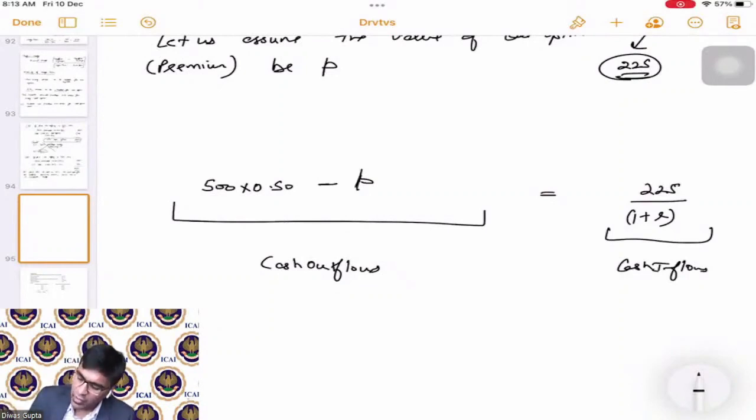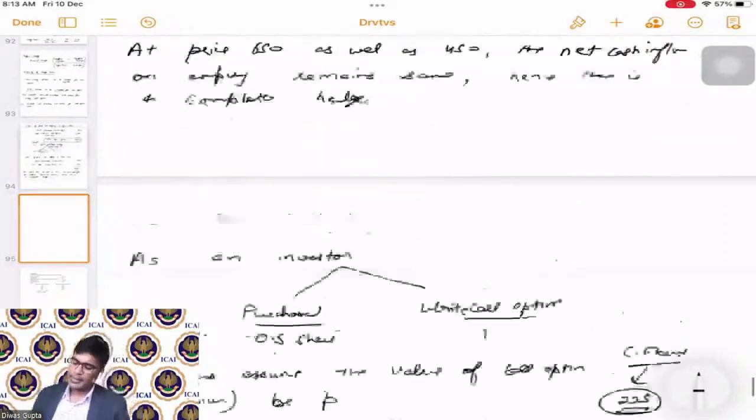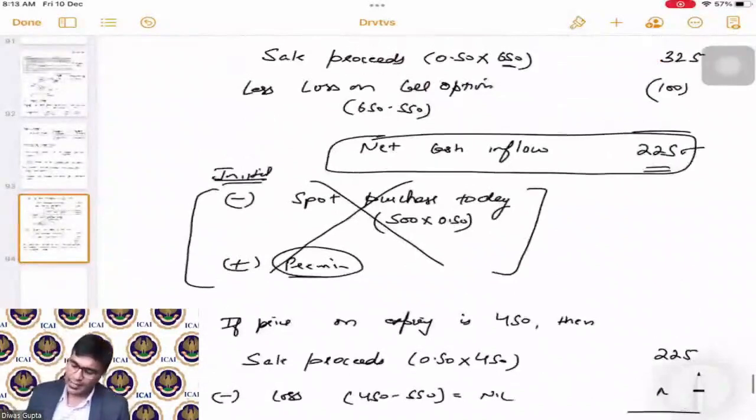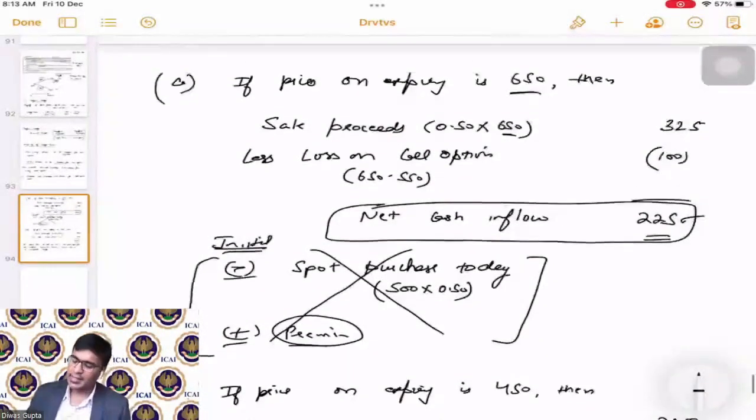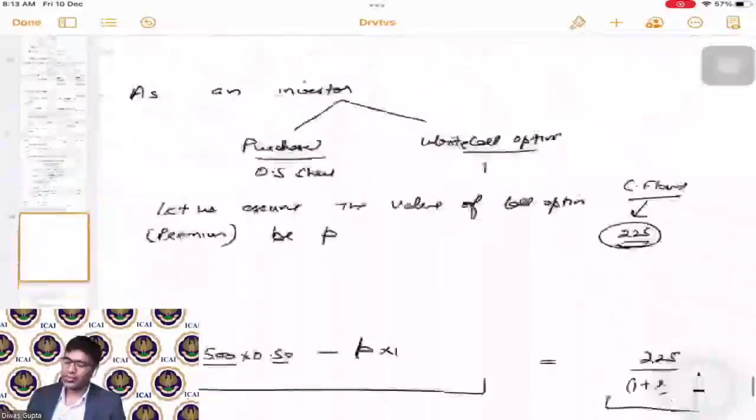Because while writing one call option, I will get some cash inflow as premium. My cash outflow is 0.5 into 500. This P into 1 I'm mentioning here because I will get the premium into one equivalent call option. Correct? I think this is more or less the same thing that we have done here. Minus plus, and then we were trying to reduce it from 225.